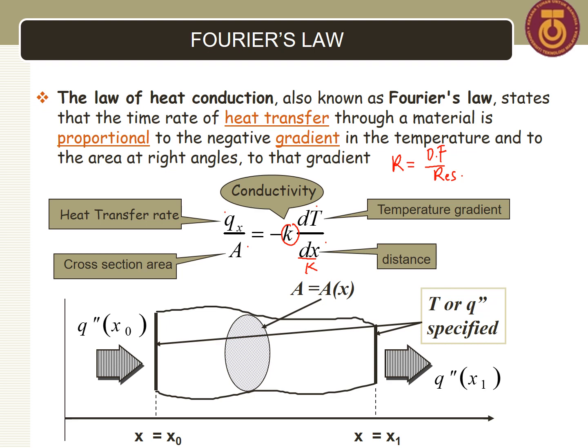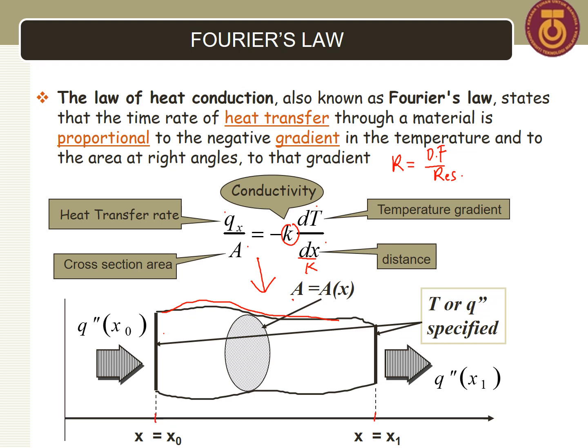Okay, so let's relate this formula to this system. This is a system with irregular shape. You can see the shape is irregular. That's why you can see the A changes with x.